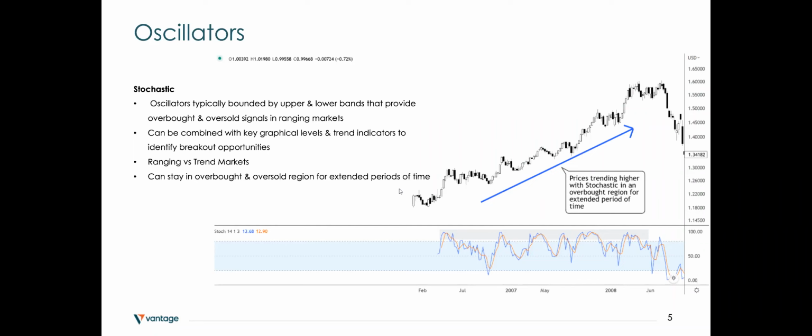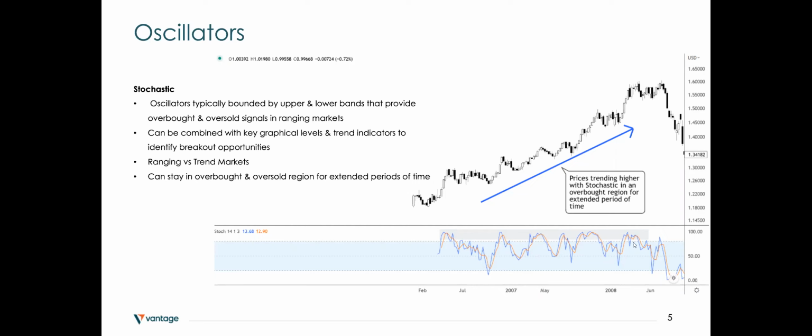One is the upper and lower bound, which most of you might be familiar with. The stochastic oscillator contains a value from 0 to 100. From 0 to 20 is considered the oversold region, where prices are usually going lower, and people consider that an opportunity to buy.